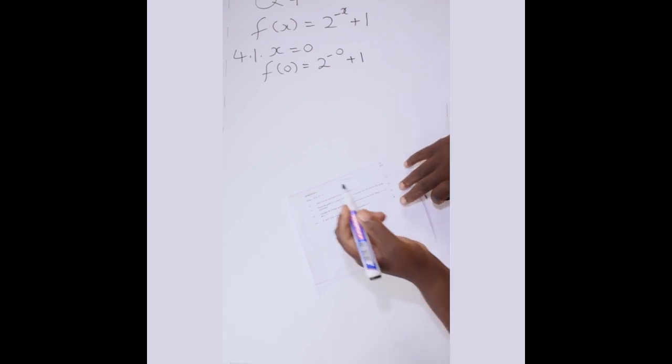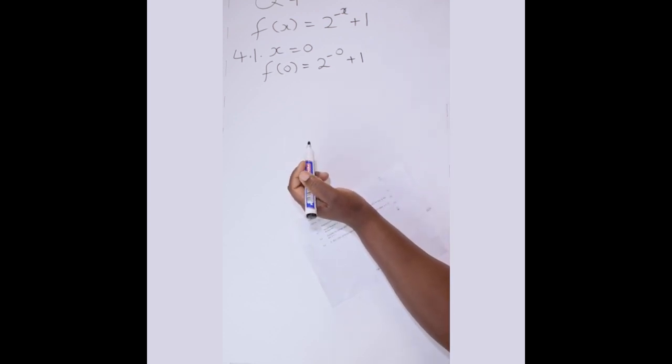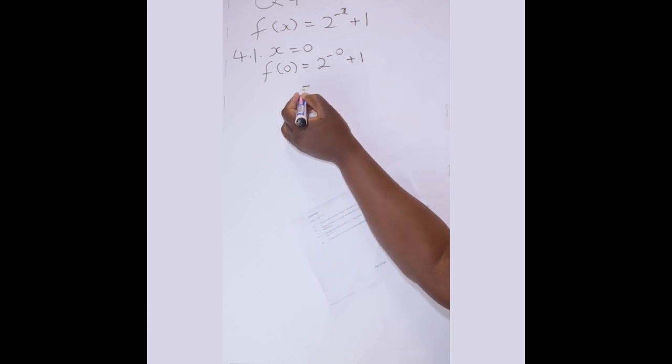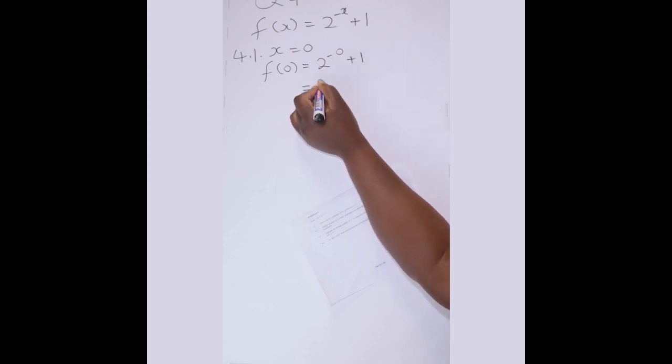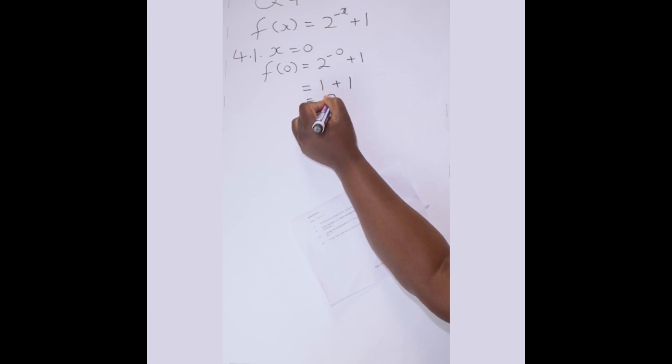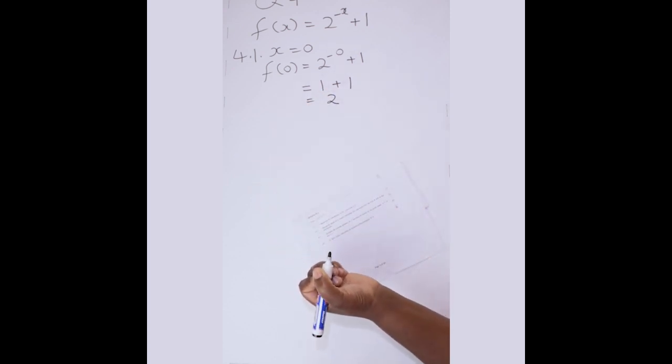Remember, 0 is neutral, so whether you write it negative or positive does not make a difference. Anything to the exponent of 0 is always going to give you 1. So even if it's negative, we take it as positive. So that is going to be 1 plus 1, which will give us 2. That is your y value, which is the y-intercept.